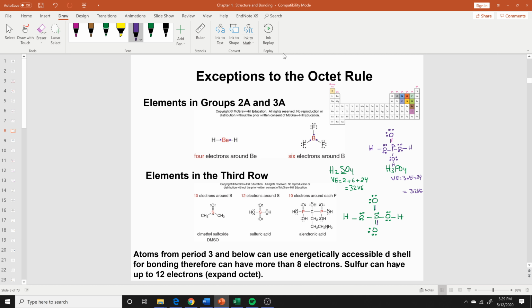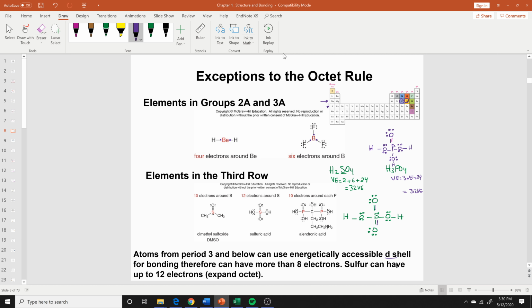Now, another exception to the octet rule: these are elements in the third row of the periodic table. Precisely, I'm talking about phosphorus and sulfur. And not just those, it's elements underneath or more than the third row. So if you go to the 4th row, 5th row, 6th row in the periodic table, all of these use D shells for bonding.